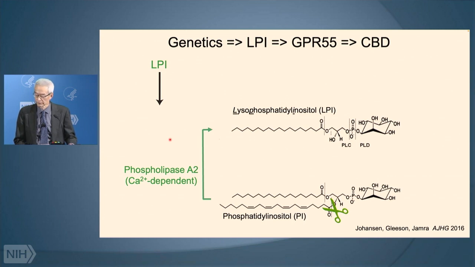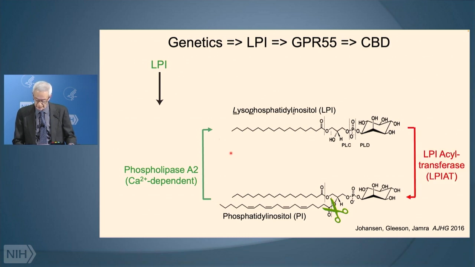And the synthetic enzyme for this is calcium dependent. So as a result of electrical activity in neurons, there is production of LPI. The reverse enzyme is called LPI acyltransferase, and it is the only enzyme known to convert LPI from this active form back into the PI reservoir.